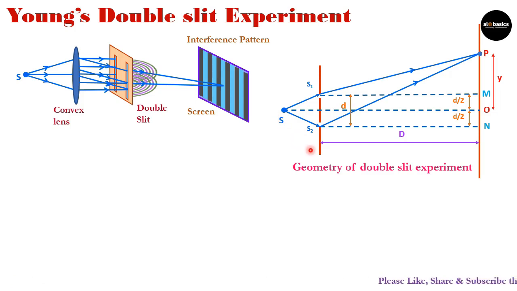Now in front of these slits there is a screen placed at distance capital D from the two slits. The two slits S1 and S2 are separated by distance small d. Two perpendiculars are drawn from S1 and S2 on the screen as S1M and S2N. The separation between M and N is also d. Let us consider a point O on the screen.